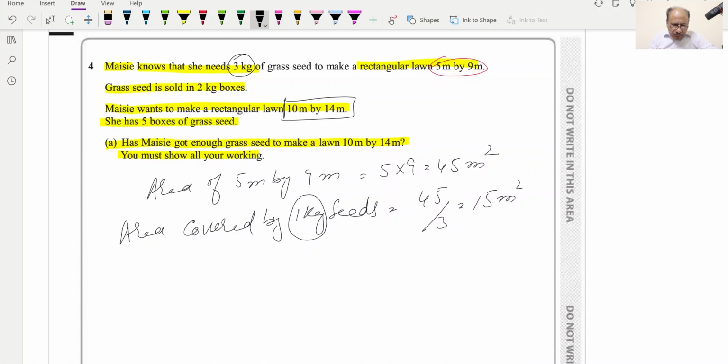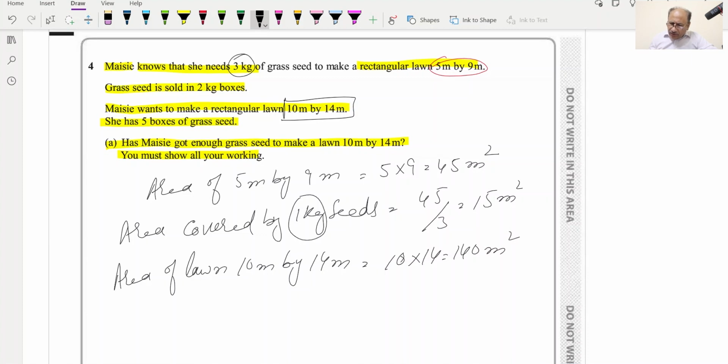So the area of the lawn, 10 meters by 14 meters, will be equal to 10 multiplied by 14, and this will be equal to 140 meters square.